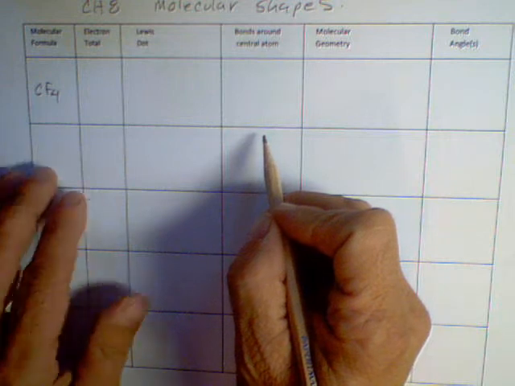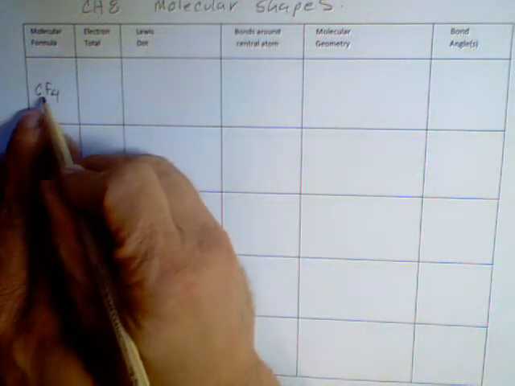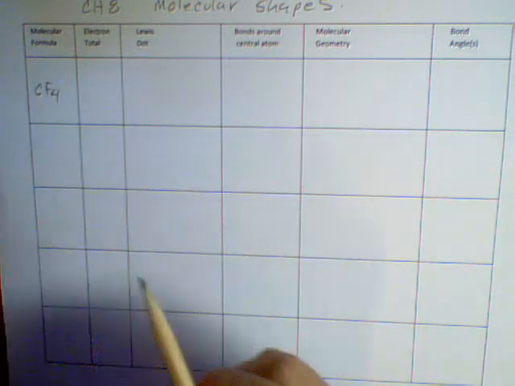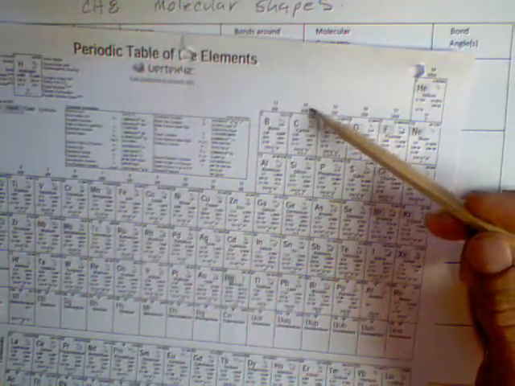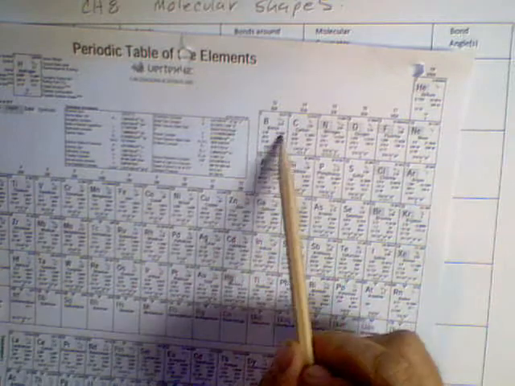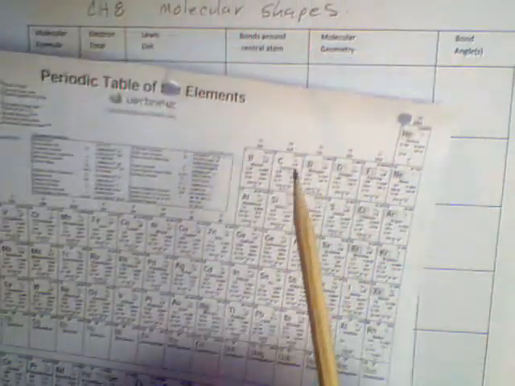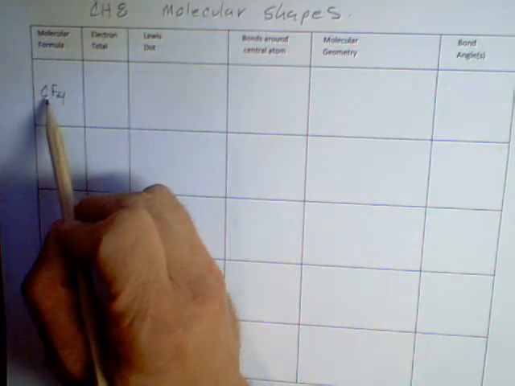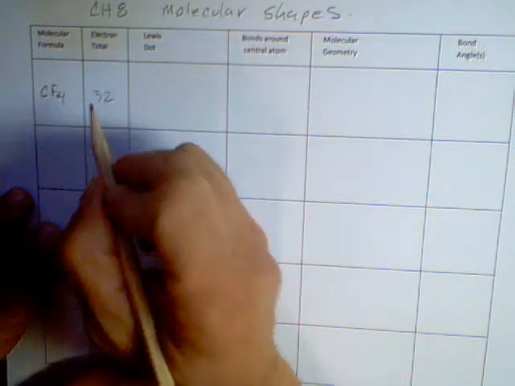CF4. Now if we count up the total number of electrons in this molecule, CF4, C, we know if we look on our periodic table, it's got 5 electrons in its outermost shell. F has 7 in its outermost shell. 7 times 4 plus 5 is 32 electrons total.